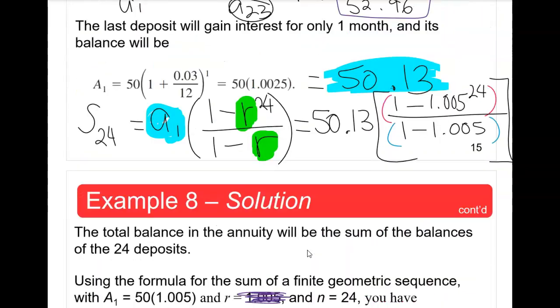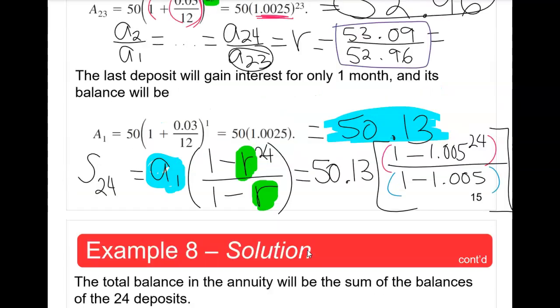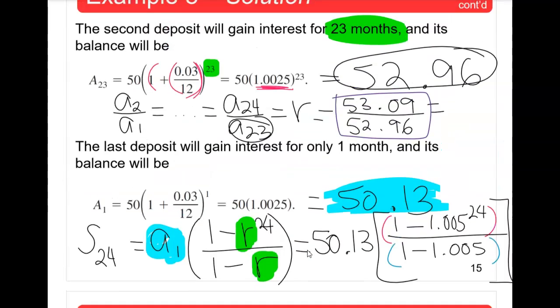So I'm gonna go ahead and correct that. So please correct that on your notes. The common ratio is 1.0025. That's what we should have also here and here.